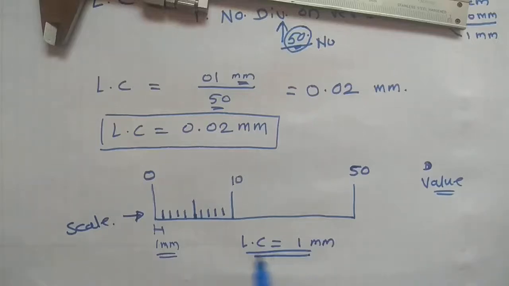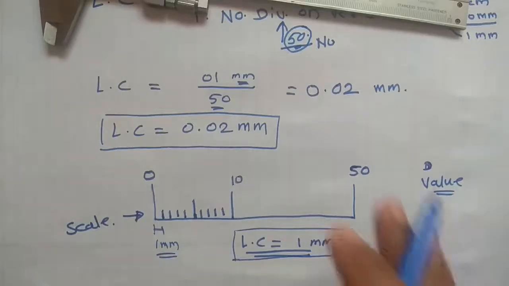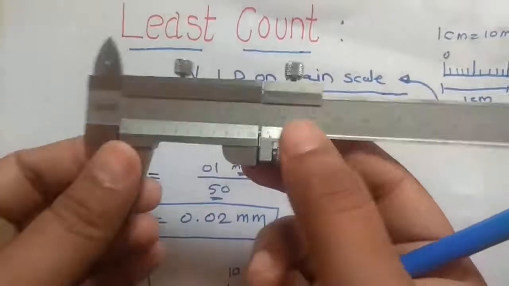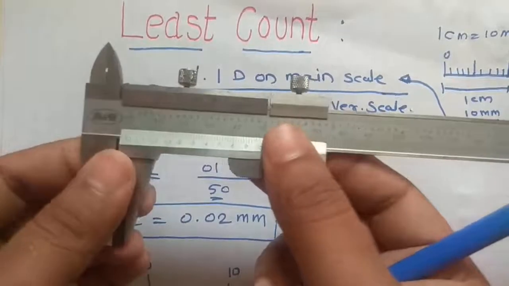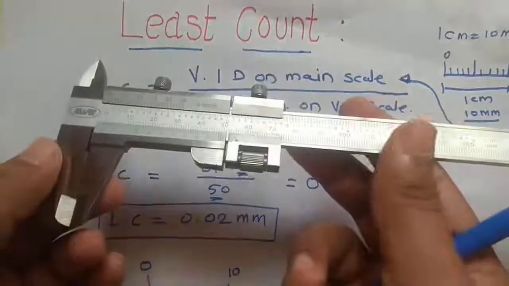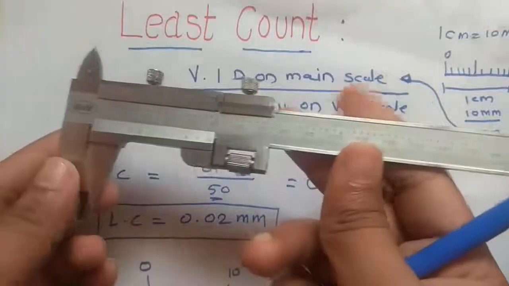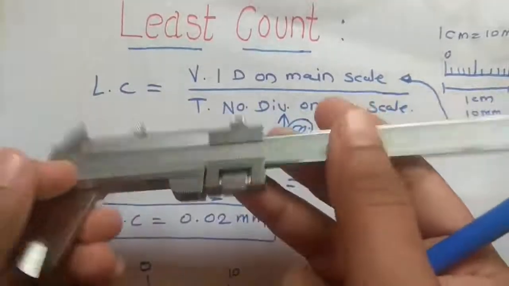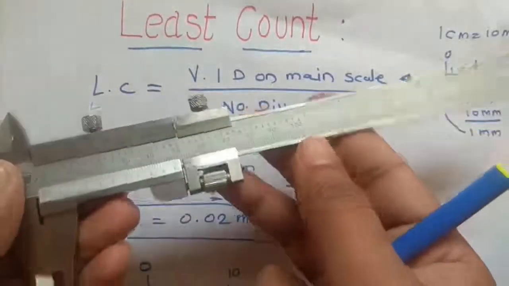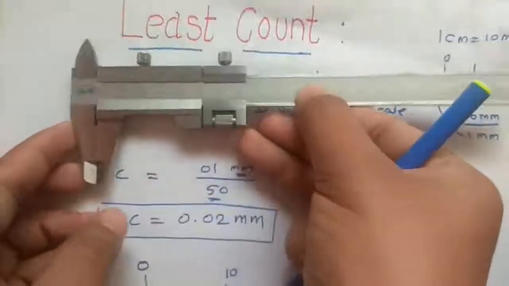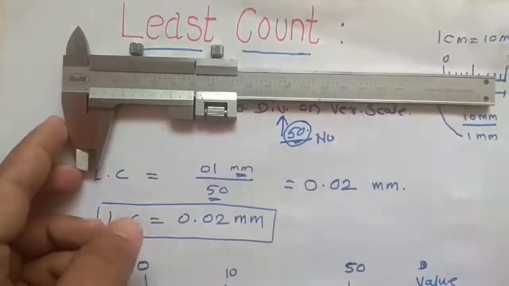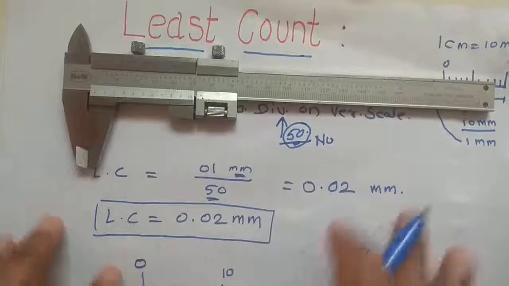This is a tricky question, and most of the time it is asked in interviews. We will discuss the next point in engineering metrology using a similar type of instrument, so you can identify all the components and the actual meaning of every term. Thank you.